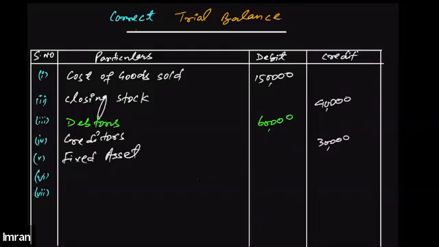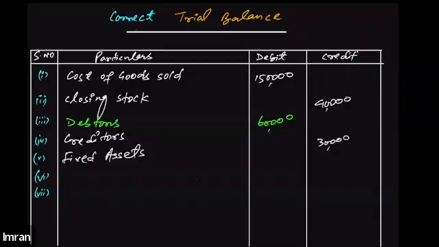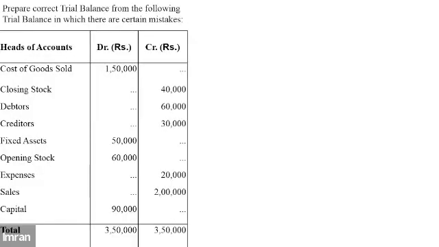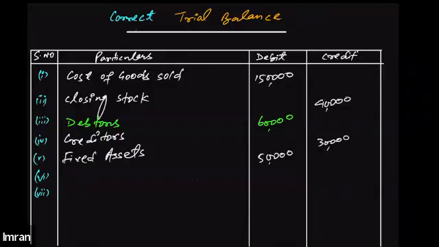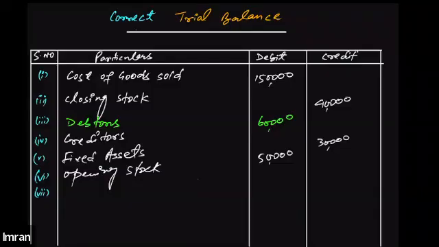There is no mistake in the fixed asset as well. 50,000. Then opening stock. Opening stock always has a debit balance, which is also correctly recorded. There is not much mistake made in the already given trial balance, I guess. Opening stock is 60,000. So 60,000 debited.